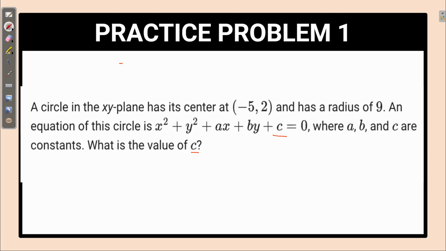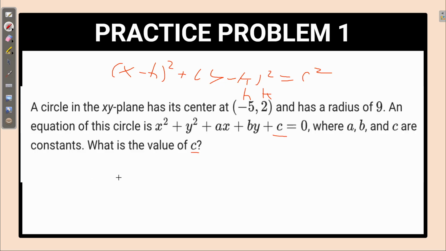Well, if we remember the equation of the circle, it's x minus h squared plus y minus k squared equals the radius squared. And this is our h, and this is our k.